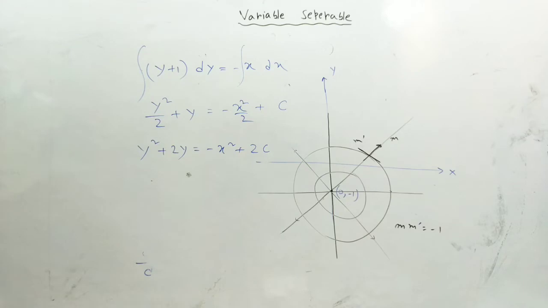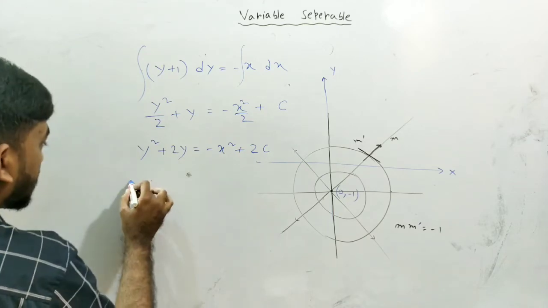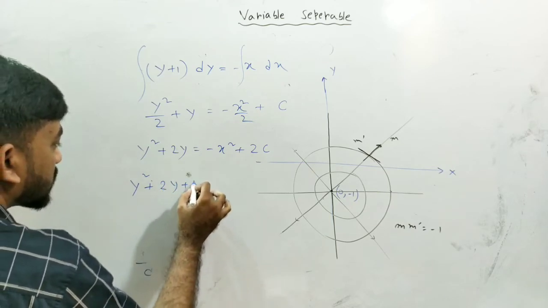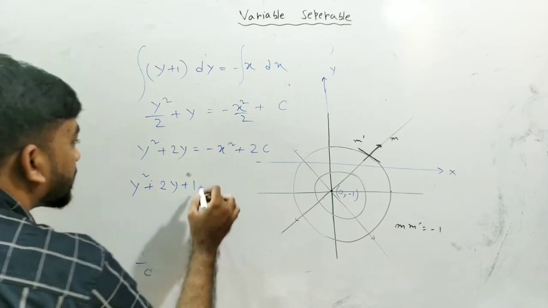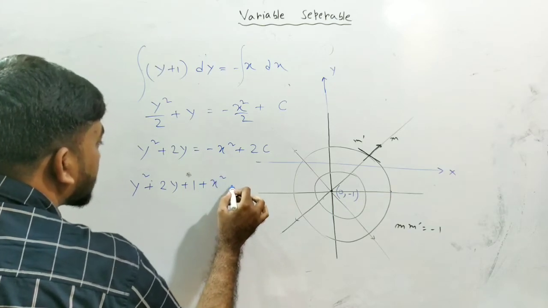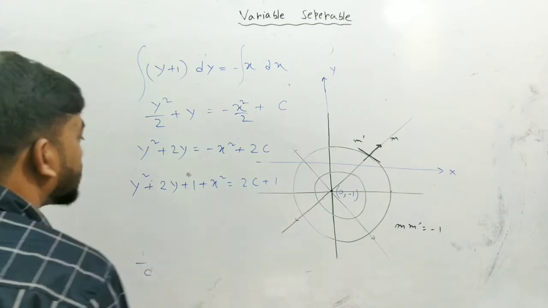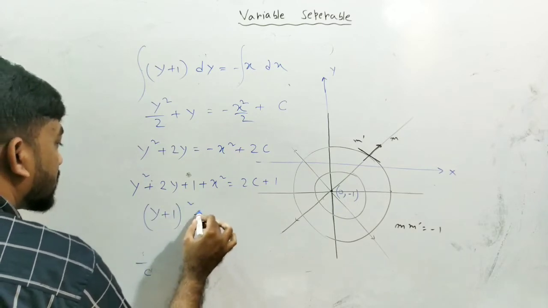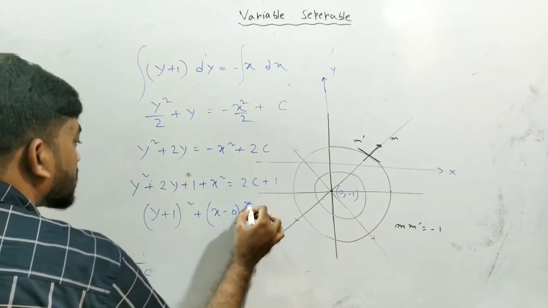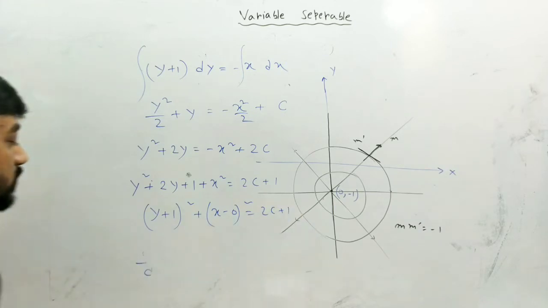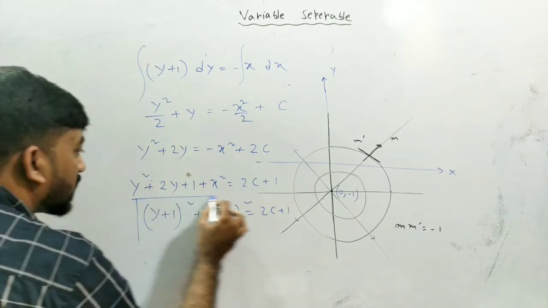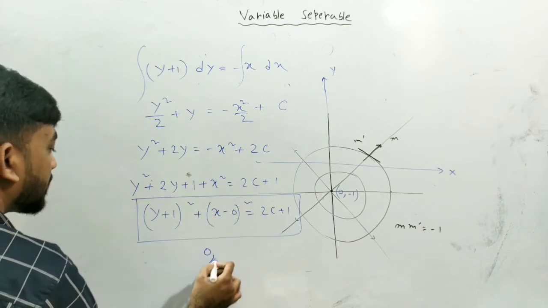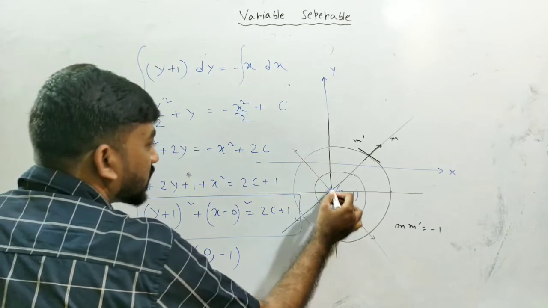So we get y square plus 2y plus 1 plus x square is equal to 2c plus 1. This is y plus 1 whole square plus x minus 0 whole square is equal to 2c plus 1. So you can see this is the equation of a circle whose center is 0, minus 1, as expected here.